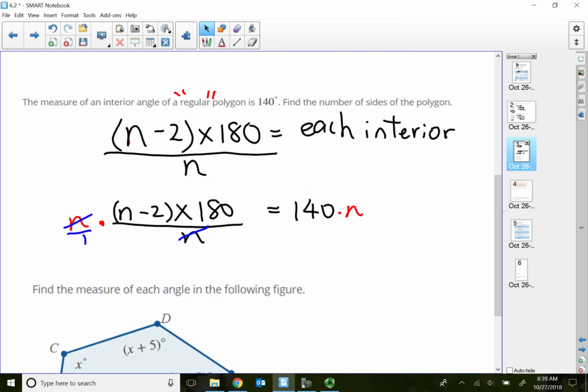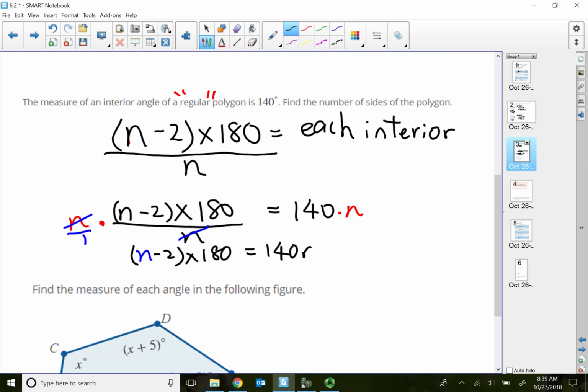That leaves just the numerator, (n minus 2) times 180, equal to 140n. Distributing the 180 gives 180n minus 360 equal to 140n.